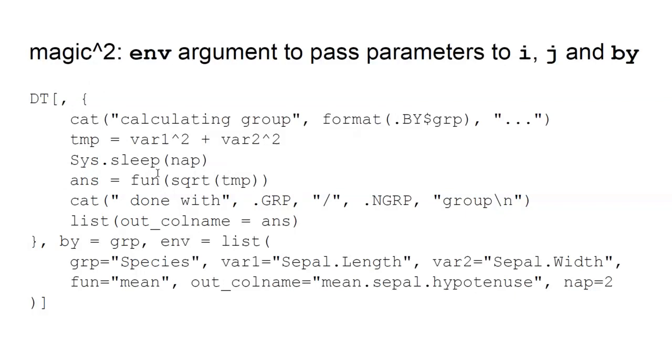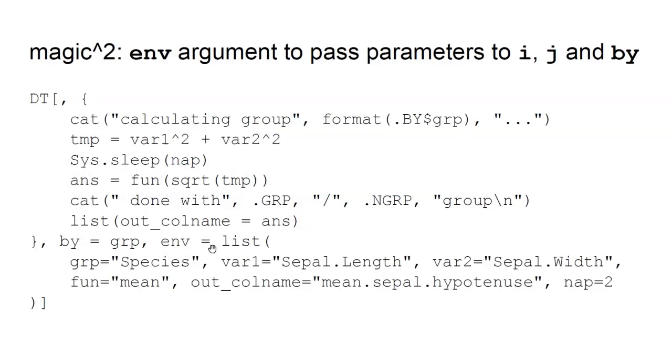So we will modify the previous example, but we want to be able to specify what will be the grouping variable by a string, what will be the variables used in the calculation, if it will be sepal length or some other, what will be the function used as well, what will be the output column name, and how long the Sys.sleep function will be waiting for.